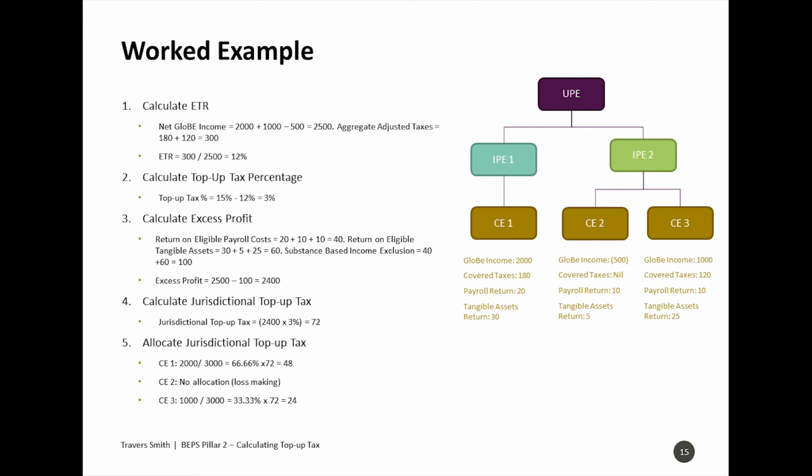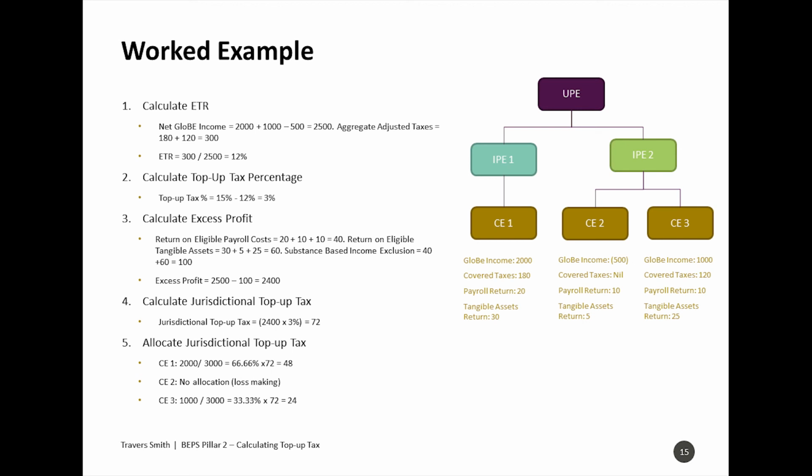Next, you need to calculate the excess profit. So we've got a return on eligible payroll costs of 20 plus 10 plus 10, so that gives you 40 in total. And the return on the eligible tangible assets is 30 plus 5 plus 25, so that gives you 60.